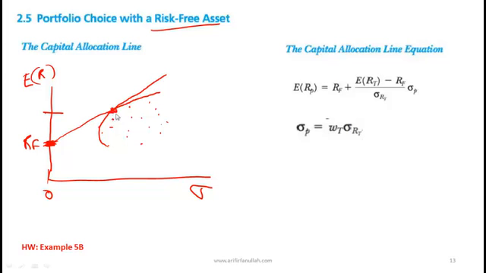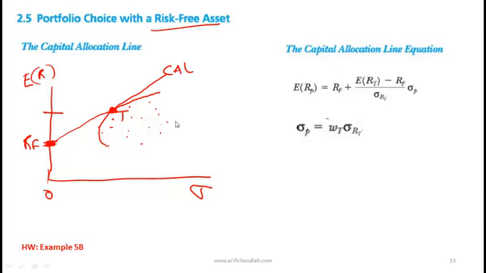At least in the curriculum, the way they refer to it over here, that's called the tangency portfolio. What do you think that means? It's the portfolio such that a line that starts from here is tangential with the efficient frontier. And this particular line is called the capital allocation line.